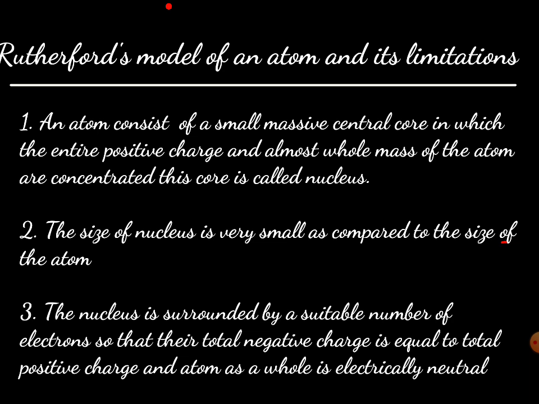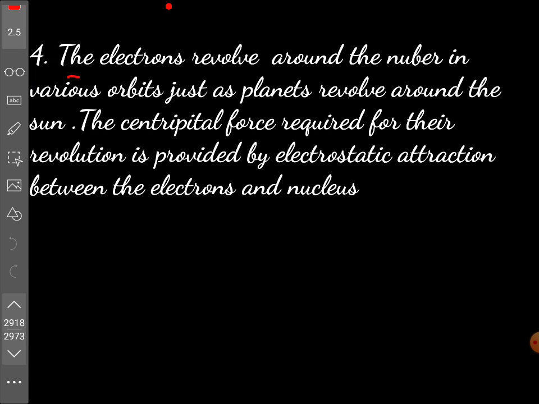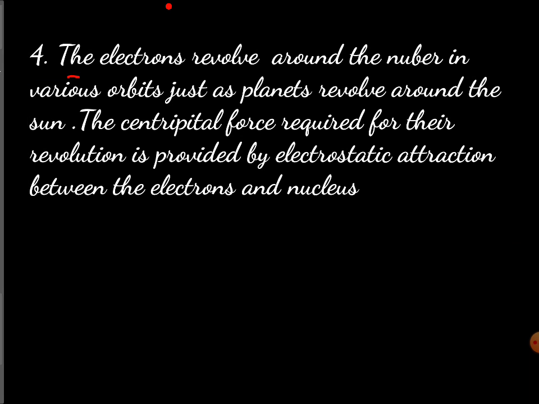The size of the nucleus is very small, as I told you, and the number of electrons is equal to the number of protons, so the atom is electrically neutral. The electrons revolve around the nucleus, just like the planets revolve around the sun.